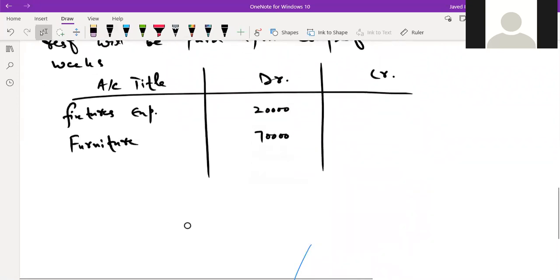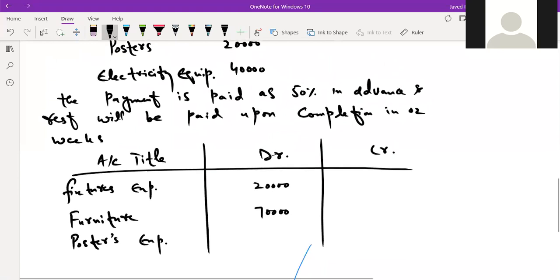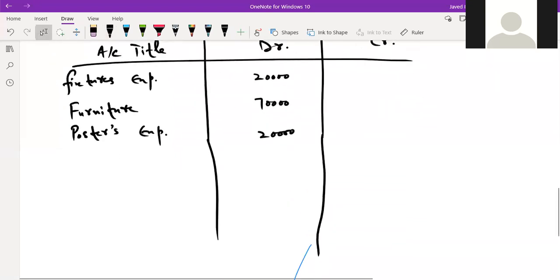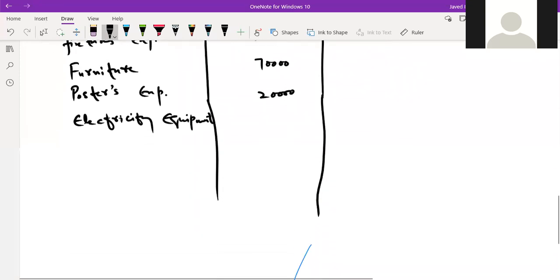Your posters are also considered expenses, of 20,000. Then the final item was electricity equipment. It is equipment, so it will be an asset of 40,000.